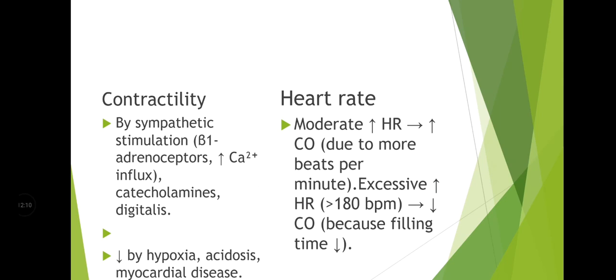So it will be pumping out inadequate blood, and hence decreases the cardiac output. But if the heart rate increases moderately, it will just increase the amount of beats per minute, meaning it's going to increase the amount of blood that is being pumped out in circulation.